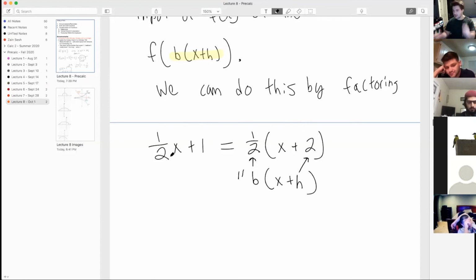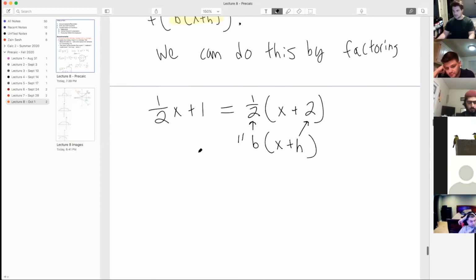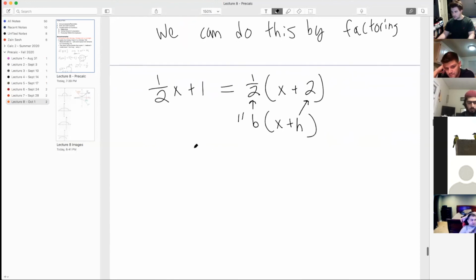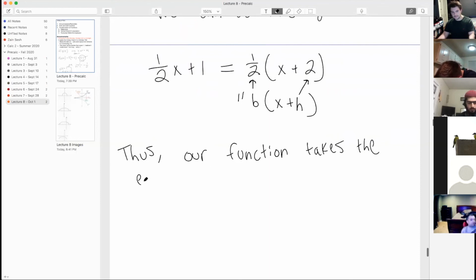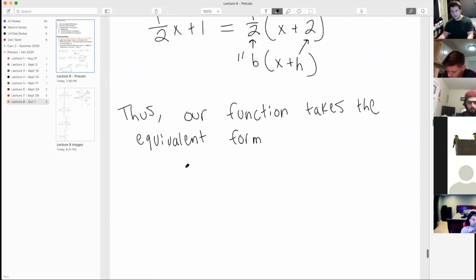Okay, so now we're good. Thus, our function takes the equivalent form f of 1/2 times x plus 2, minus 3.